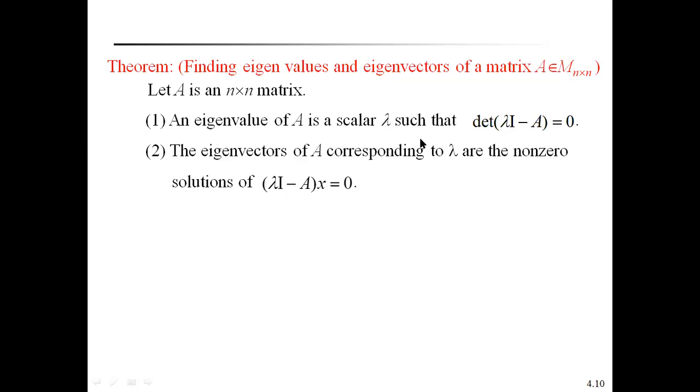Therefore, the eigenvectors of A corresponding to lambda are the non-zero solutions of (lambda I minus A) x equal to 0. To find the eigenvalues of A, the scalar lambda values are obtained from this equation.